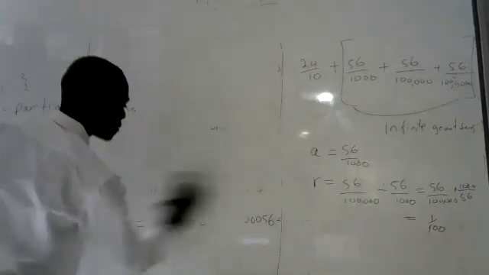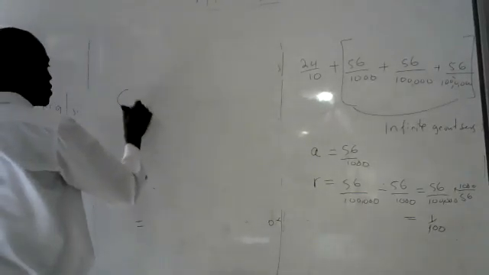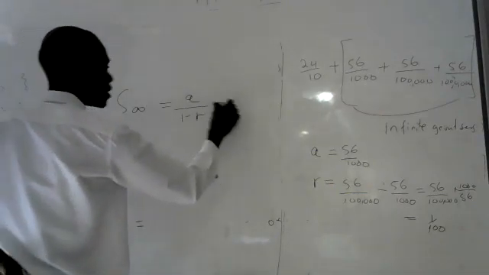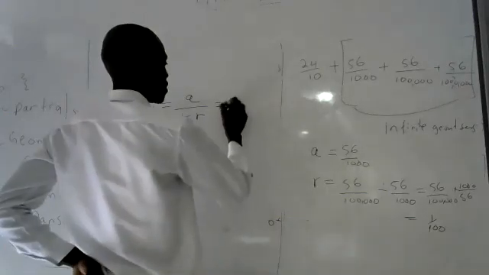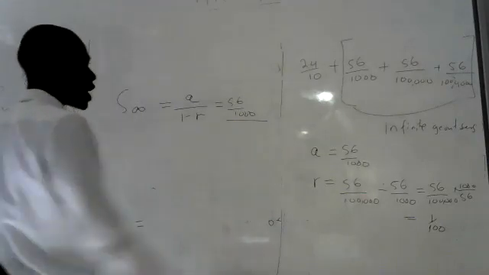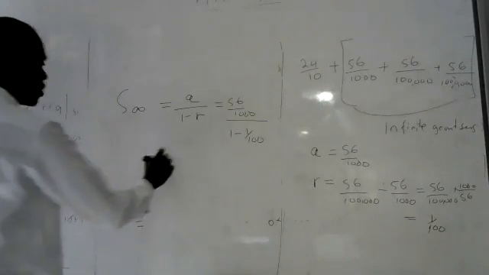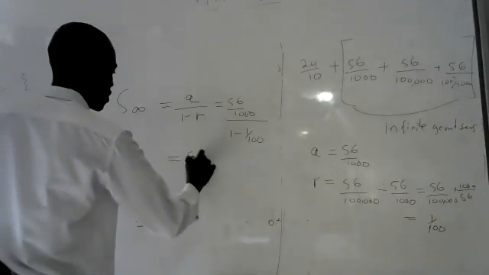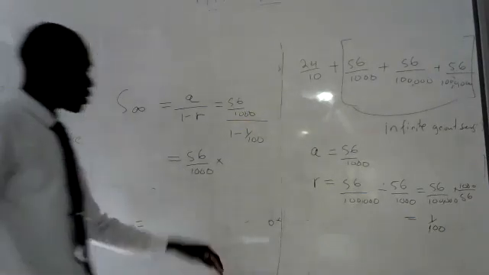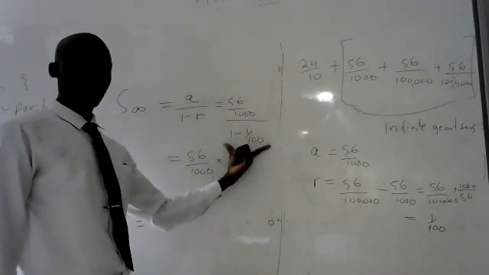So using the formula, the sum of infinitely many terms is a divided by 1 minus r. What is a? 56 divided by 1,000. All this divided by 1 minus r. So divide this by 1 minus 1 over 100. Well, that gives you 56 divided by 1,000 times, so remember, I can change division to multiplication by simply inverting what we have here.